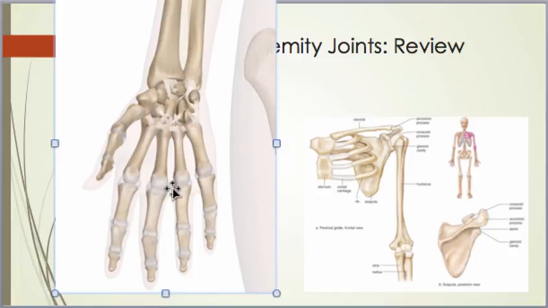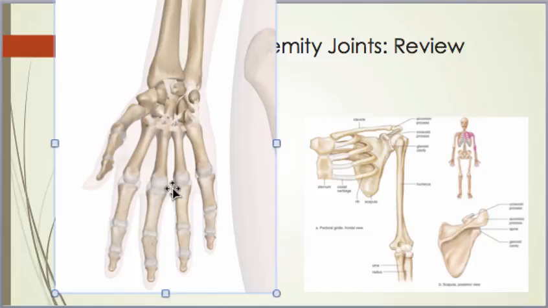Flexion, extension, and abduction, adduction. Occurring in which plane? Flexion, extension, sagittal plane, and adduction, abduction in the frontal plane. Then we have our interphalangeal and distal interphalangeal joints.